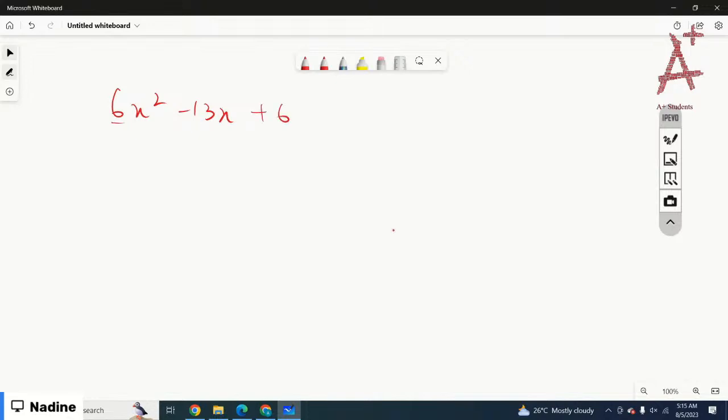Okay, 6 times 6 makes 36, right? You have to write down the factors whose product is 36 and whose sum is negative 13. So think of the two numbers whose product is 36 and whose sum is negative 13.